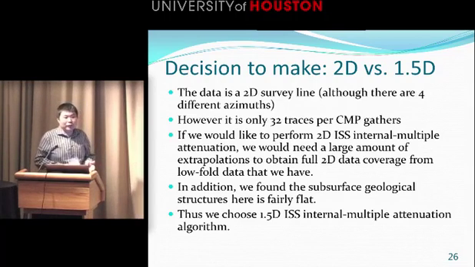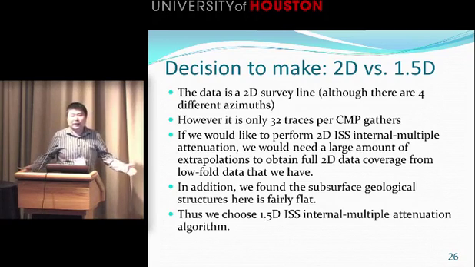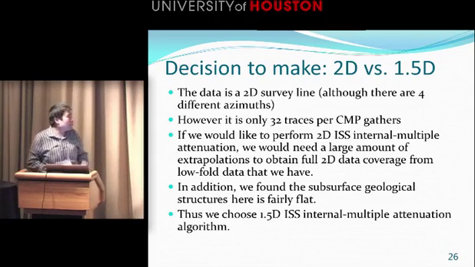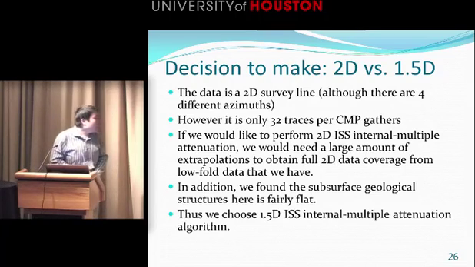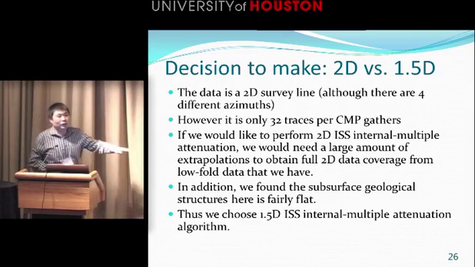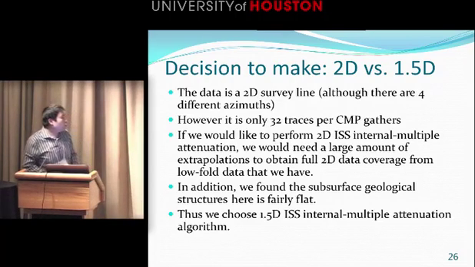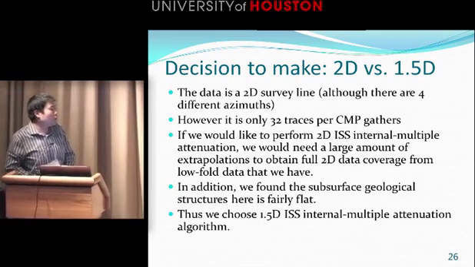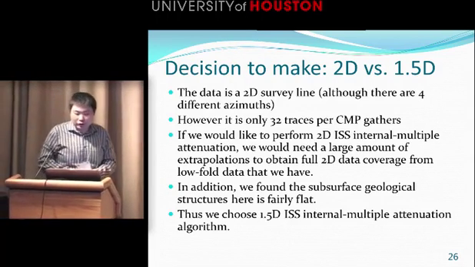That is not only a lot of effort, but we also need to make up a lot of data. That is not reliable, and we do not feel comfortable about that. In addition, the subsurface geological structure in this area is pretty flat. So we chose the 1.5D ISS internal multiple attenuation algorithm rather than the full 2D.